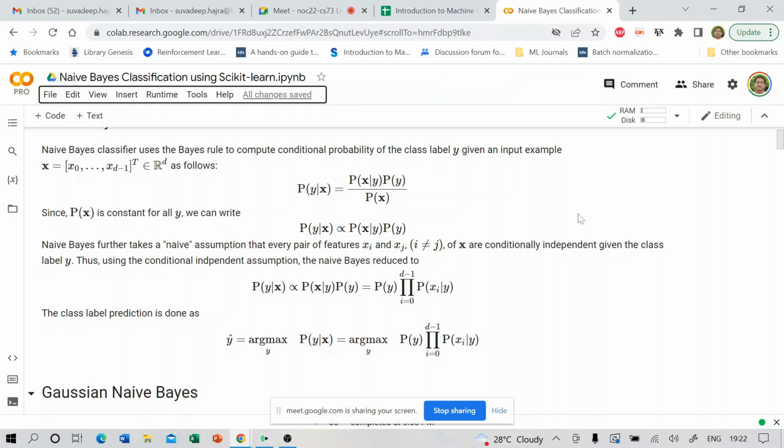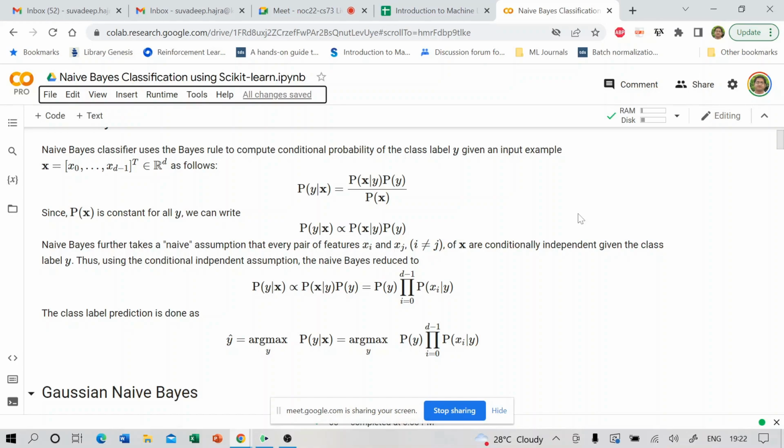We will look into some of those examples. Also note that sometimes your data is such that some of the features are real numbers, some of the features are binomial data, some of the features are count data, and some of the features are categorical data.